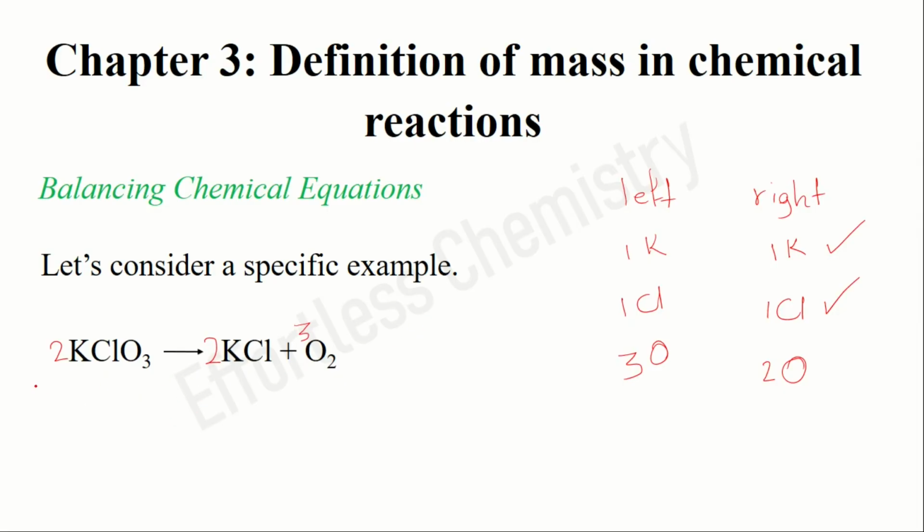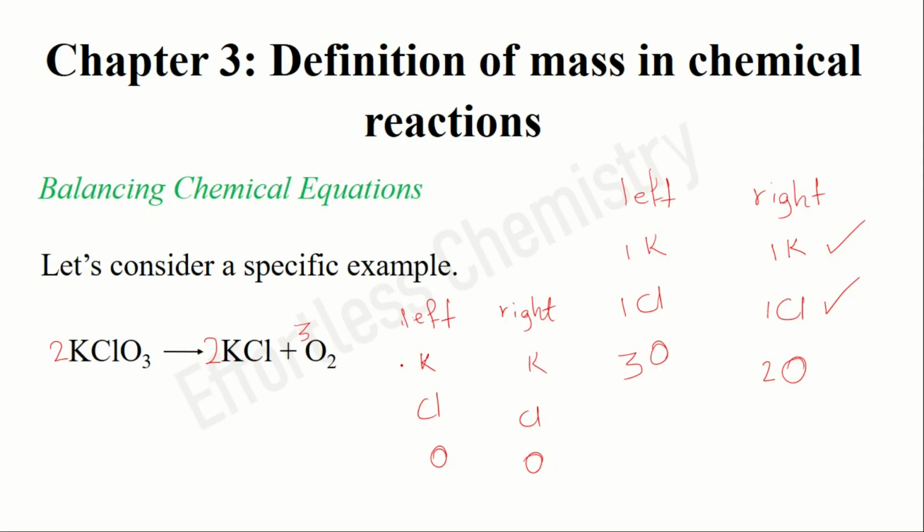So I will write everything from the beginning to be sure that all of them are balanced. Again, for the left side I have potassium, chlorine, and oxygen, and for the right side I have the same elements.